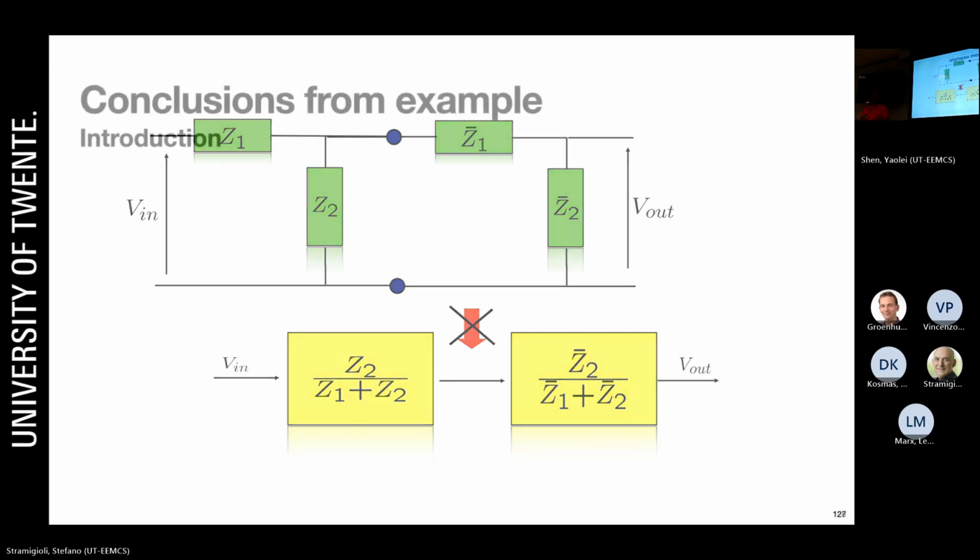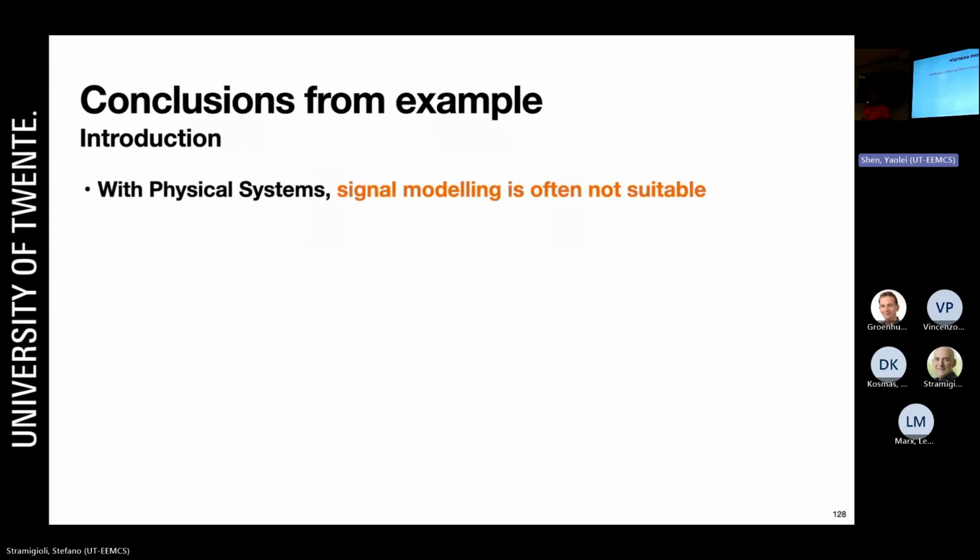So the point is that with physical systems, signal modeling is never suitable. If you want to do proper physical modeling, which is open, signal modeling is never suitable.